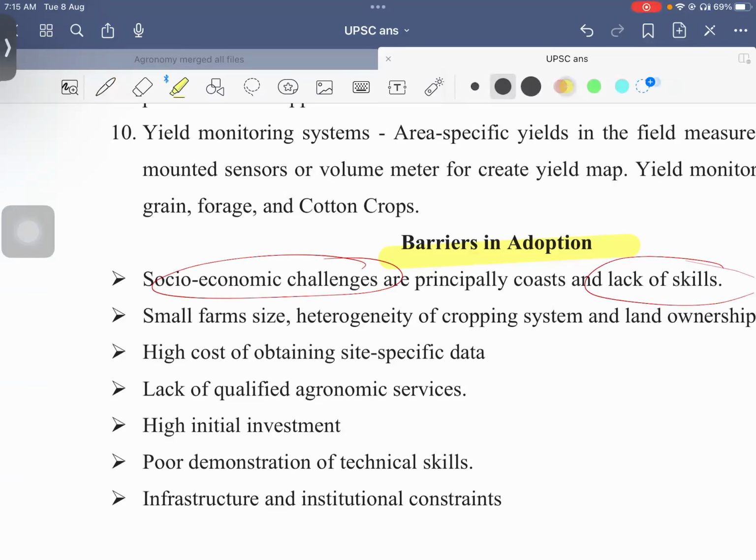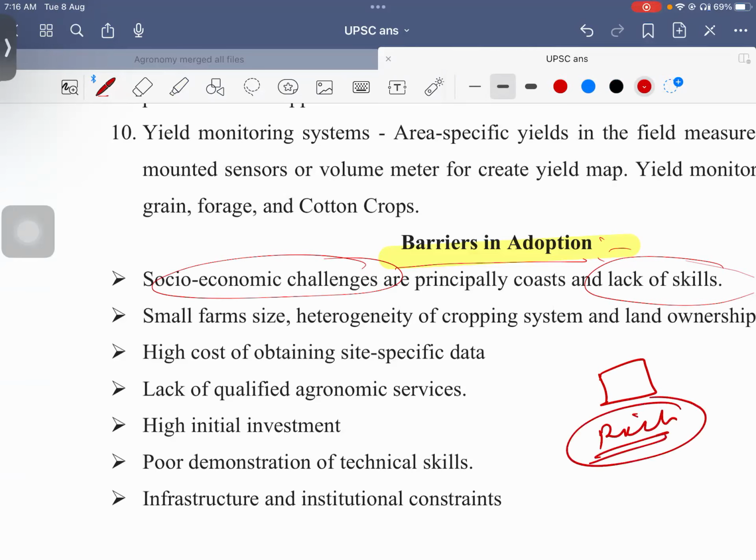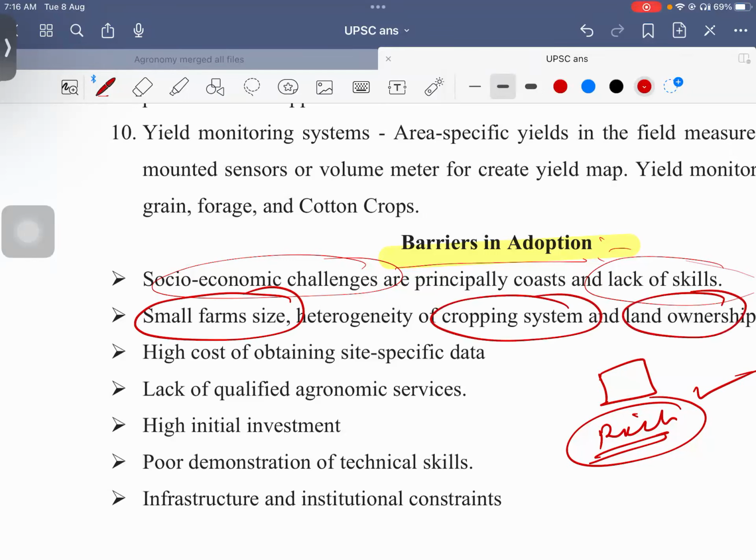And also, if you want to do all these precision agriculture tools, the major ones like the GIS system, GPS system, remote sensing, the farmer has to be rich. But some things like nano urea, any farmer can do. But all this big investment can be done by the rich farmers, because we have small size land holding, cropping system, and land ownership. It is becoming very difficult to adopt.